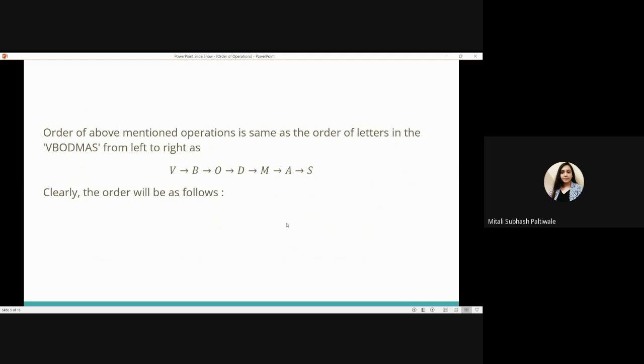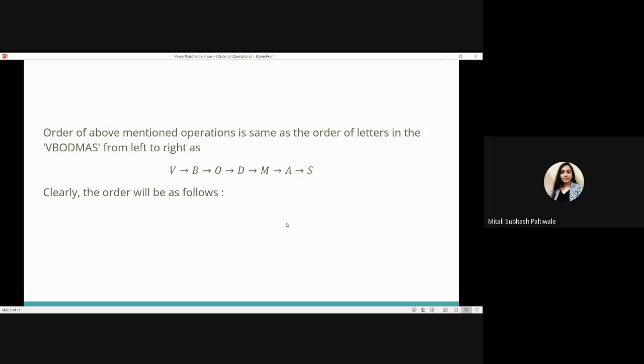Now, whatever we have studied till now, even just BODMAS, you have to remember one thing: no matter where you're applying BODMAS, we have to follow the same sequence in which we write it, V, B, O, D, M, A, S. We have to follow the sequence and go that way only, and of course from left to right, not from right to left.